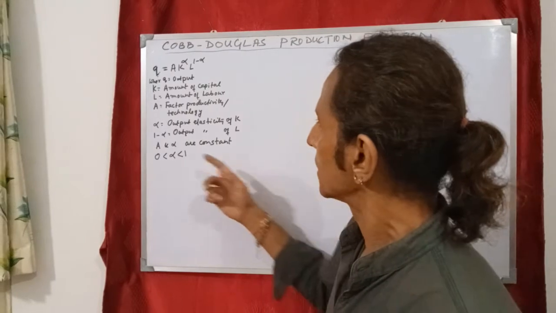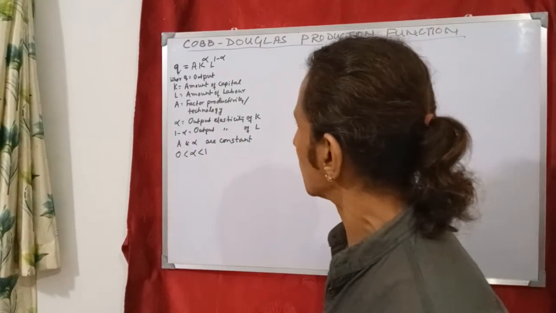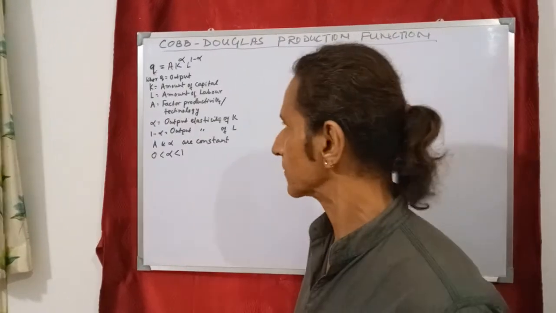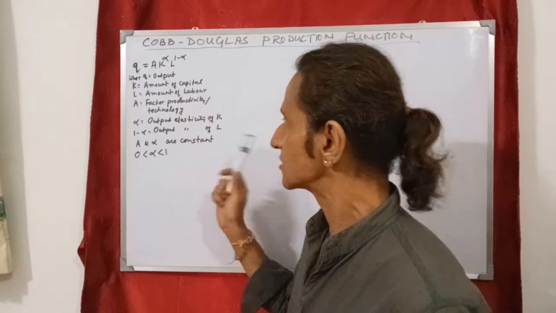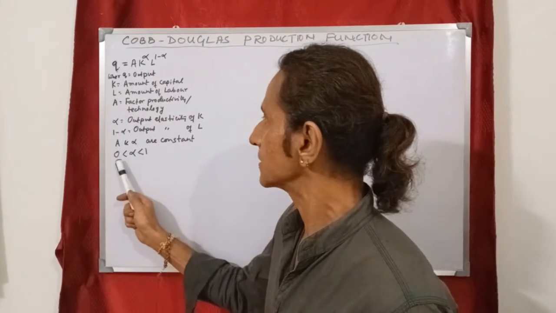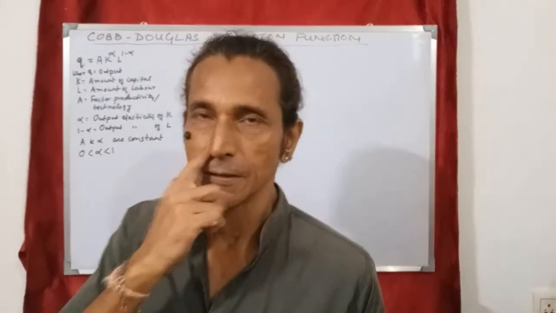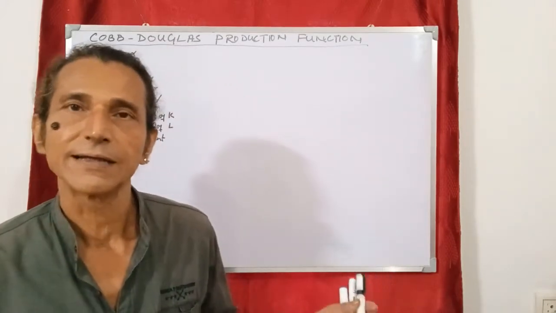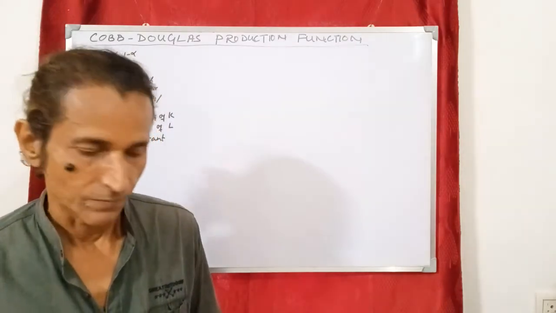In the same way, output elasticity of labor means how the output responds to change in the amount of labor. A and alpha are assumed constant and alpha is greater than 0 and less than 1. Okay. Now I shall explain the characteristics of Cobb-Douglas production function one by one.